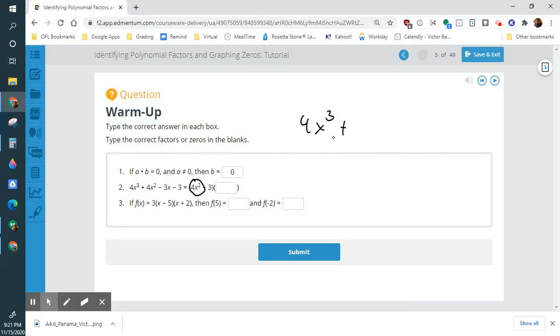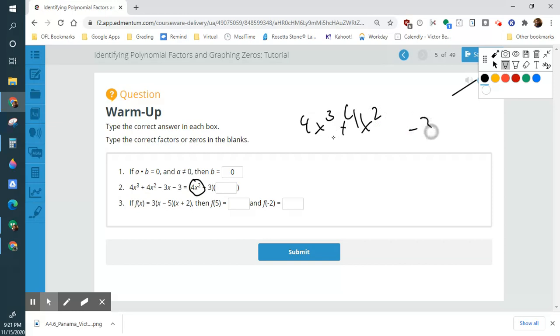If we list this out, we're going to do what's known as factor by grouping. We're going to grab this here, going to leave some space, and you'll see why I'm leaving space in a second. So I'm going to factor out a 4x squared from these first two terms, and I'm getting this x plus 1.